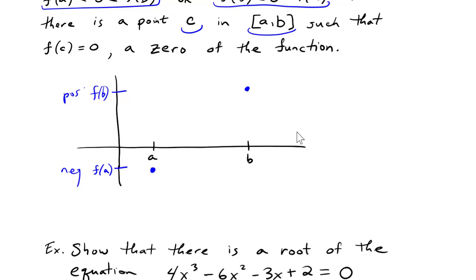Basically, what this theorem is saying is that if it's negative at a and positive at b, somewhere in between, it will have to cross the axis here. In other words, be a place where f is 0. So, again, same as before. If we're going to get there, we're going to have to cross somewhere. Maybe it's there. Now, it could be more than once, but this is guaranteeing that somewhere it has to happen.